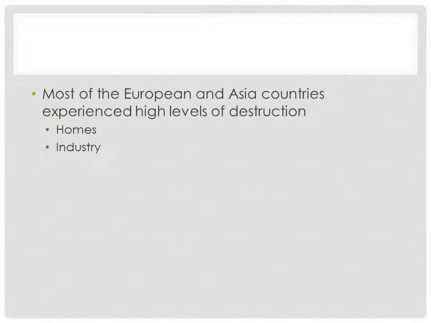Destruction of industry. So industry, especially in Europe, is the backbone of the economy. And so there's going to need to be an addressing of the fact that there was massive destruction of industry and therefore unemployment. Massive destruction of infrastructure.